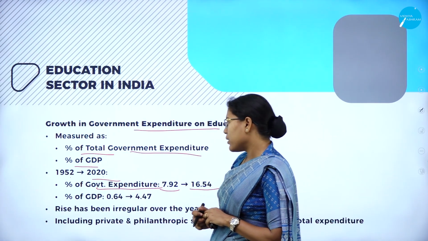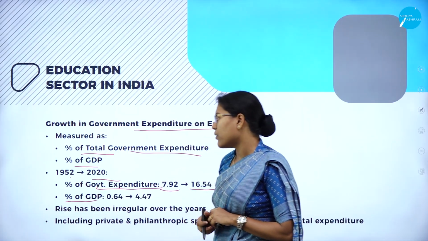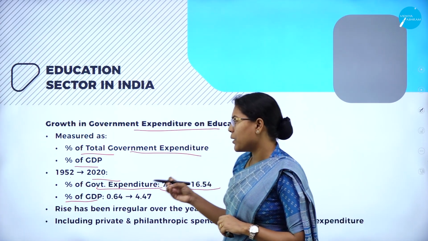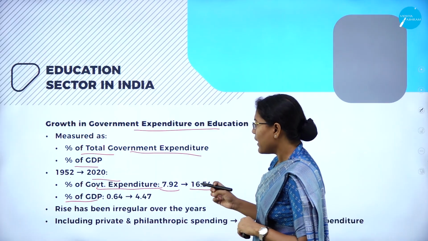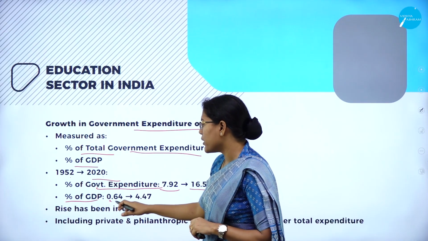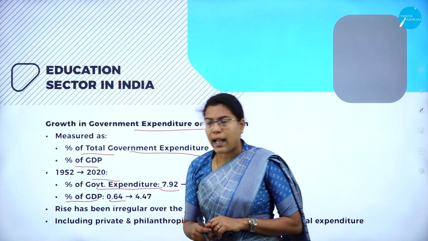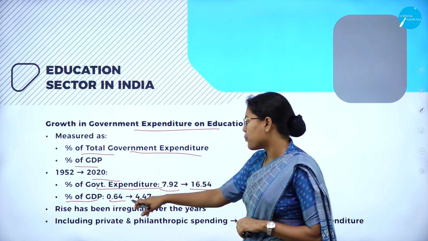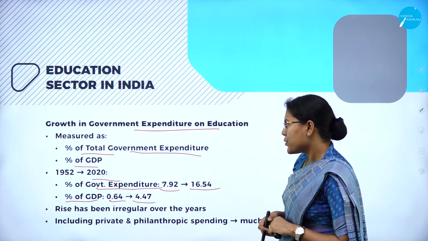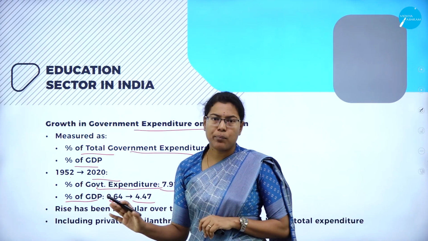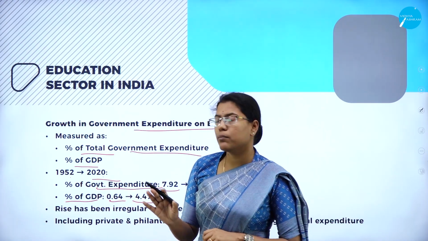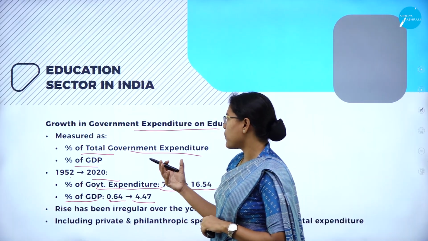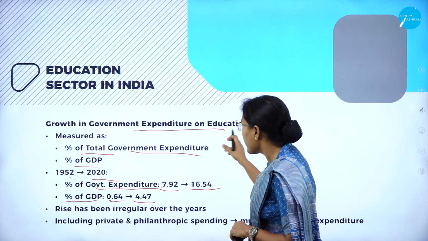And apart from that, when we look at the percentage of GDP, the rate in 1952 was 0.64%, and the percentage of GDP in 2020 is 4.47. So it covers both the GDP of the country, the national income, as well as the government expenditure on education.